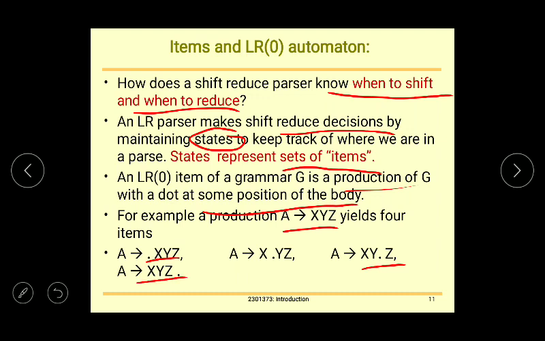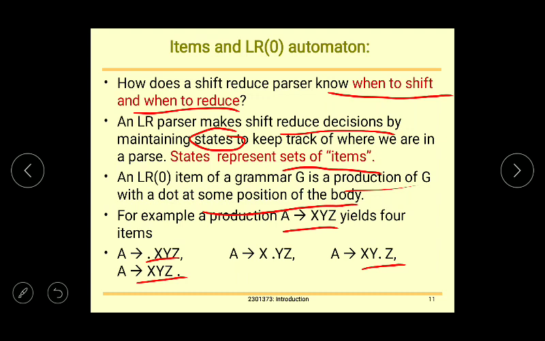So what is the meaning of the dot over here? It is very important. If you can see a dot in the beginning, then it means that we have to know about the strings which are derivable from XYZ.